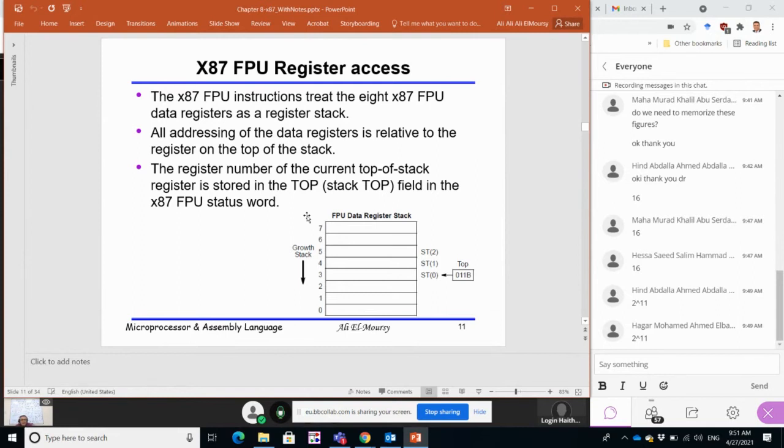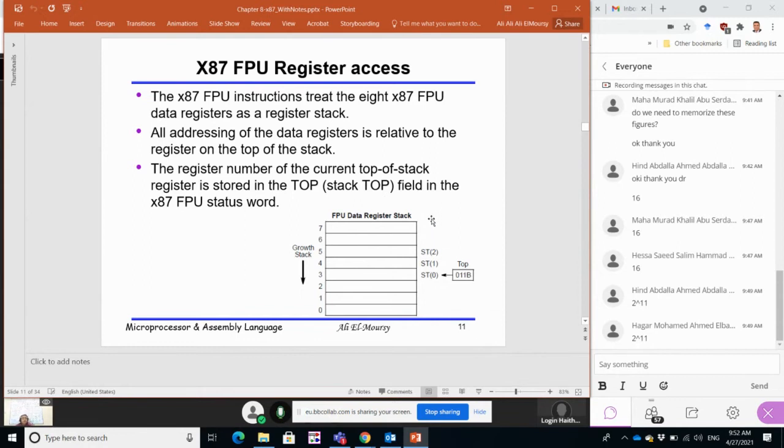Here I'm accessing the registers relative to the top. The top of the stack is called ST0, and the previous one is called ST1, and the previous is called ST2, and so on.